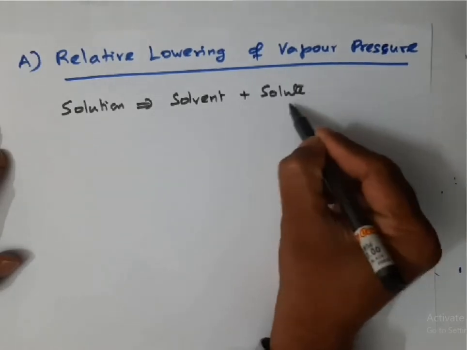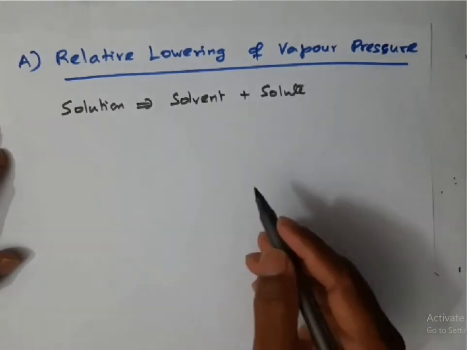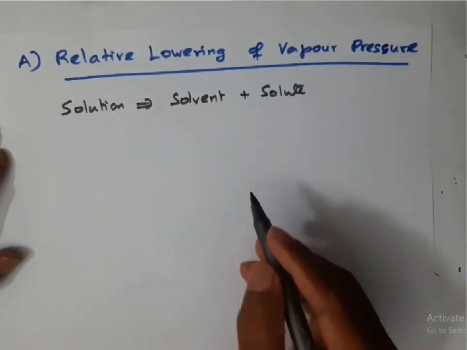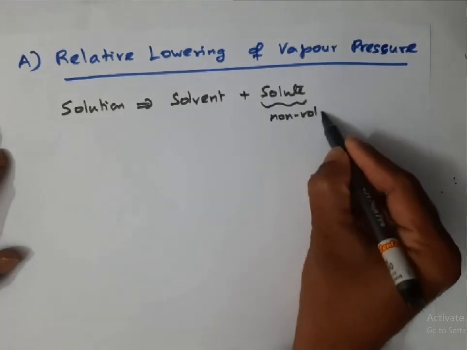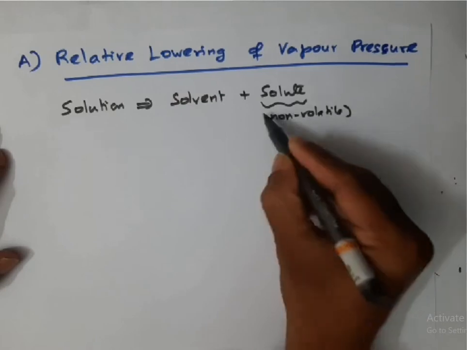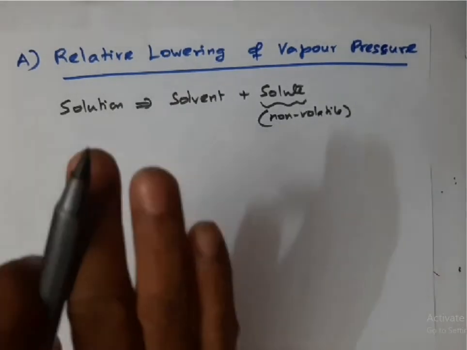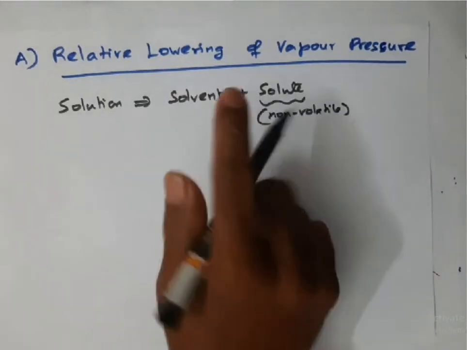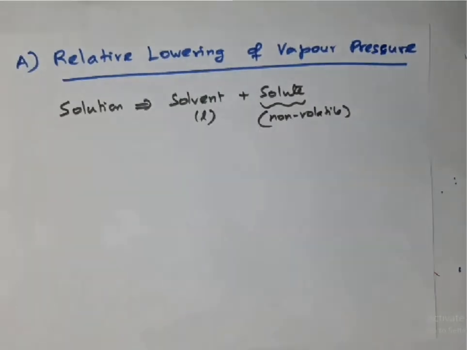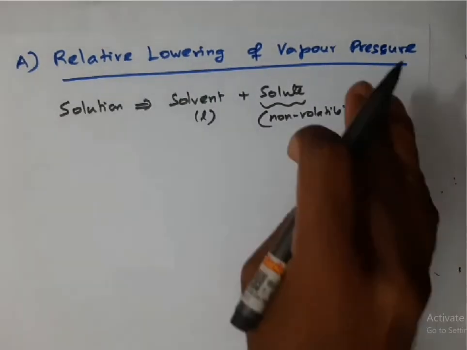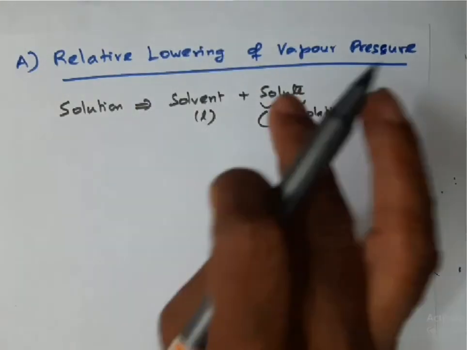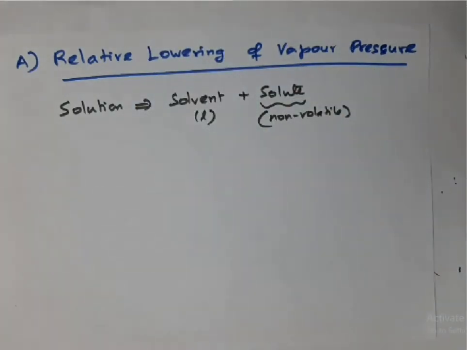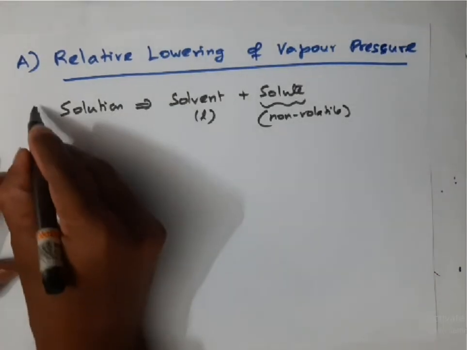The solute may be solid or liquid, whatever it is, but the solute should be non-volatile. That is important. This is the first important point you should keep in mind.